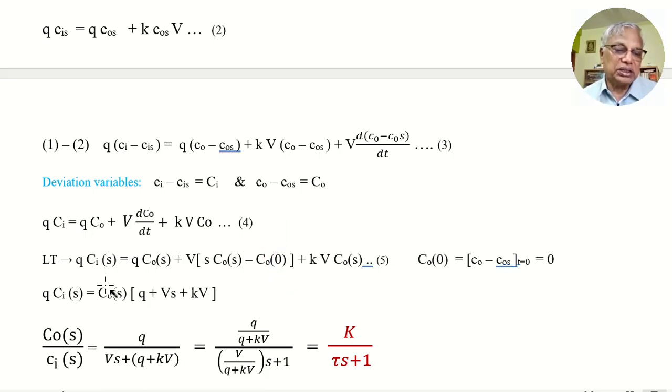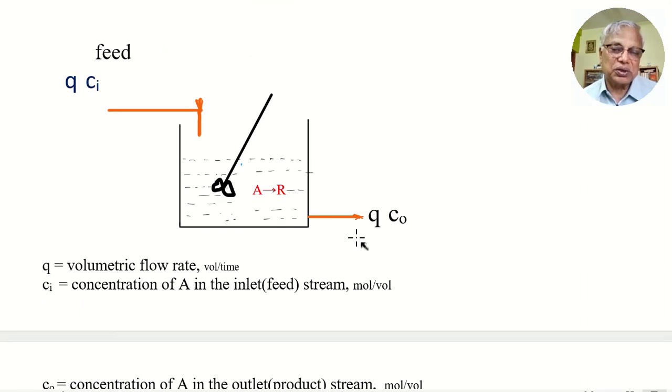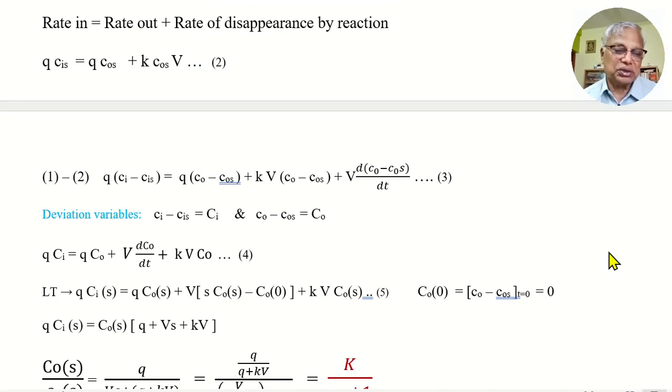And you rearrange this and find C naught of S by Ci of S. C naught, remember, is the output concentration and Ci is the input concentration. So the function relating C naught and Ci in terms of the Laplace transform variable will be our transfer function.